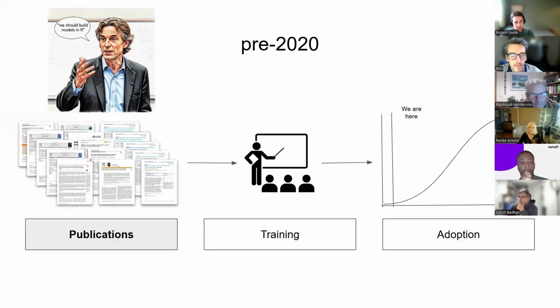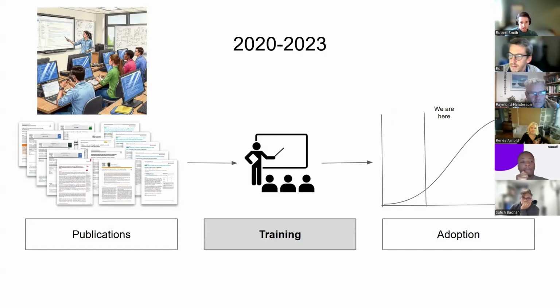But initially there were a large number of publications coming out saying, we can build this in Shiny, we can build this in R, we can use this R package for flexible survival analysis, all of those kinds of things. And then that gradually filtered through into training. So suddenly, a lot of short courses sprung up on the use of R. A lot of people went to the DARTH group.